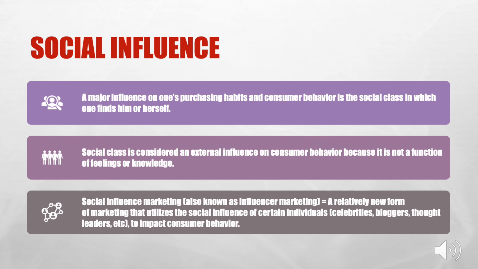And then social influence marketing, also known as influencer marketing, is a relatively new form of marketing that utilizes the social influence of certain individuals, such as celebrities, bloggers, and leaders, to impact consumer behavior. If you've ever been on Instagram or TikTok or YouTube, these are also known as influencers, the people we watch the most that can convince us to buy products just because they use them.